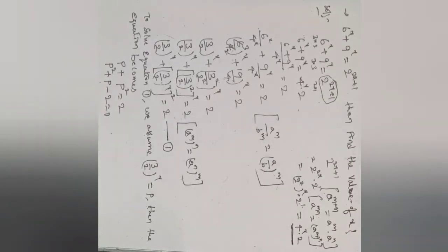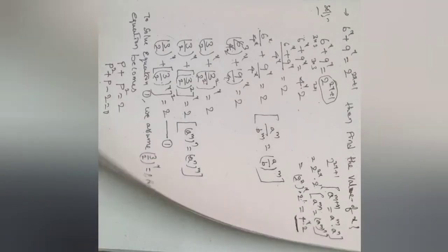This is a quadratic equation in terms of p, and the roots of p will be as minus b plus or minus under root of b square minus 4ac by 2a.